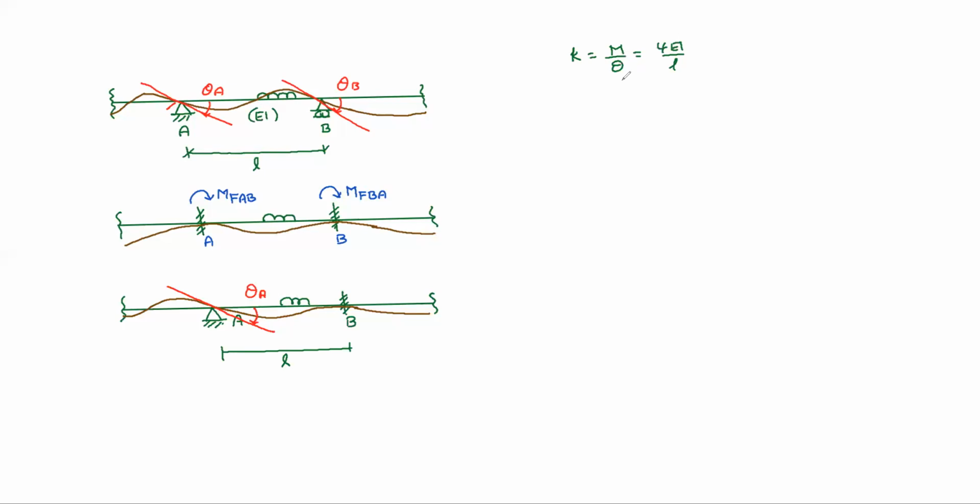That means the moment required to rotate by theta amount will be 4EI by L into theta, if the far end is fixed. So here the far end is fixed.